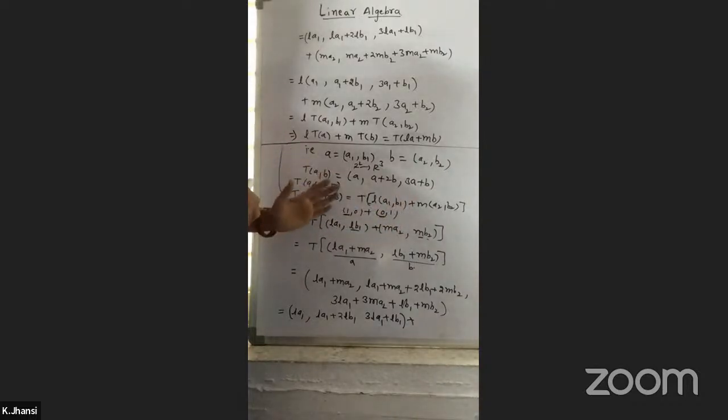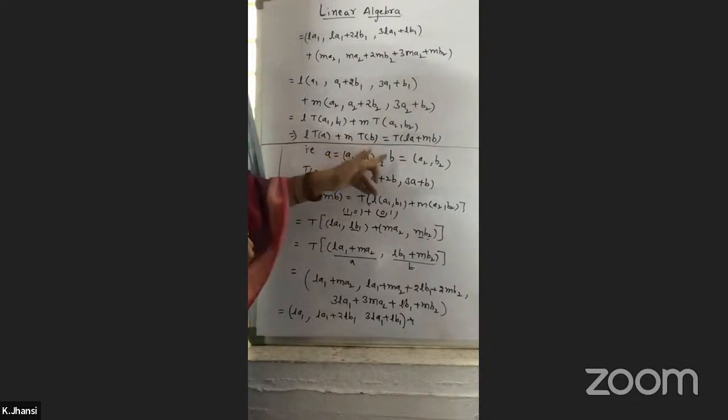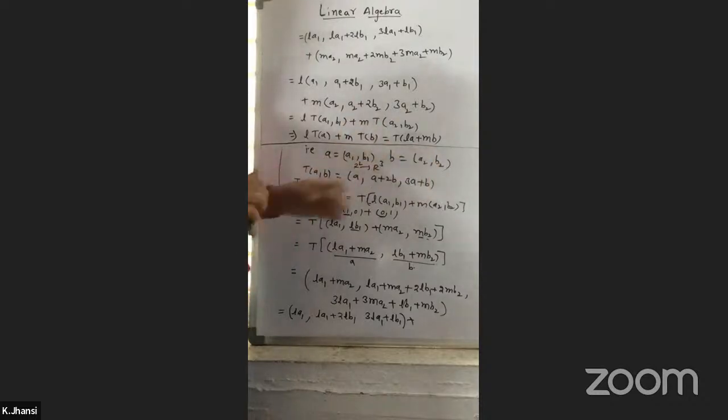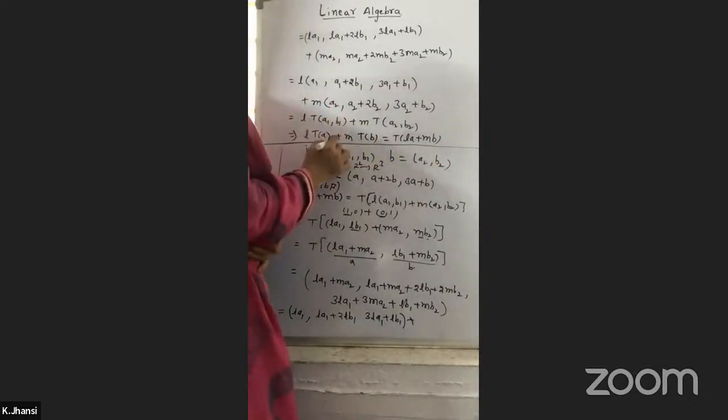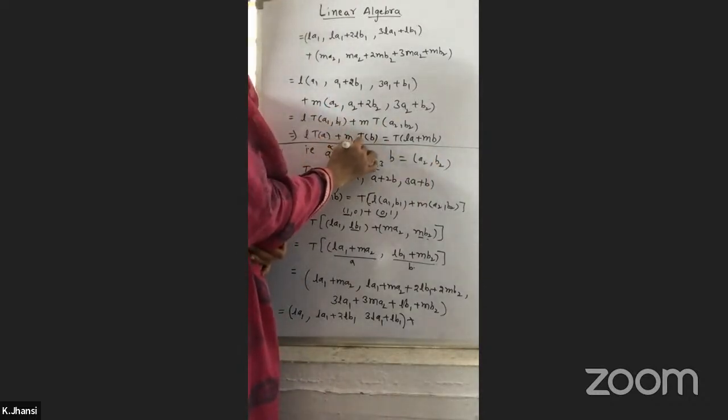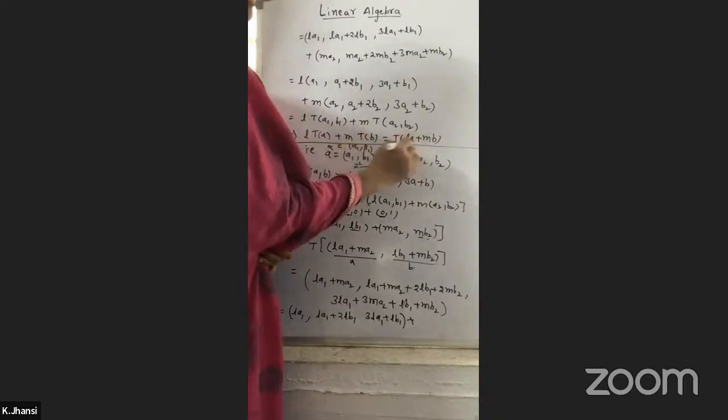Okay. So for that, you have to define the term A, whatever given in the question, that is transformation A and B as these two terms. Why we are defining this one? Because this is in the form of R2. Okay. So A comma B are defined as A equals to A1 comma B1, B equals to A2 comma B2. Okay. In the question, if alpha is given, then you define it as alpha 1 comma beta 1. Okay.